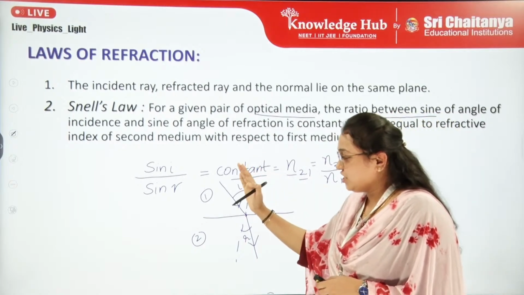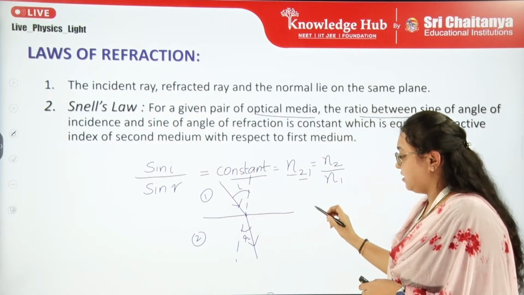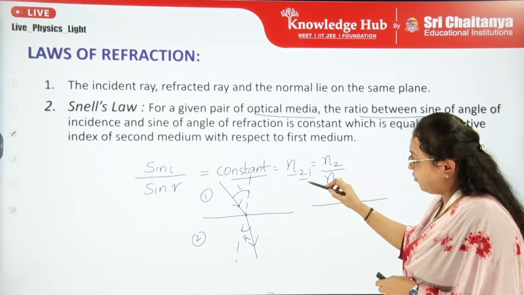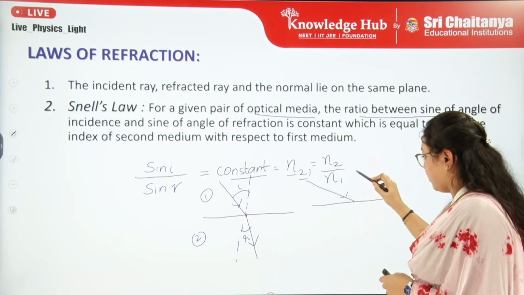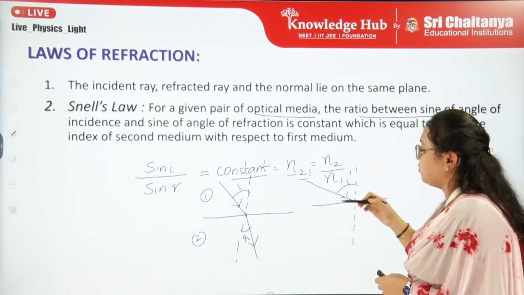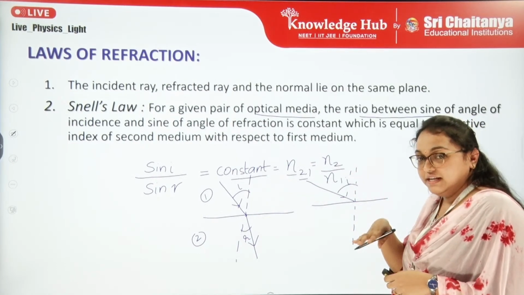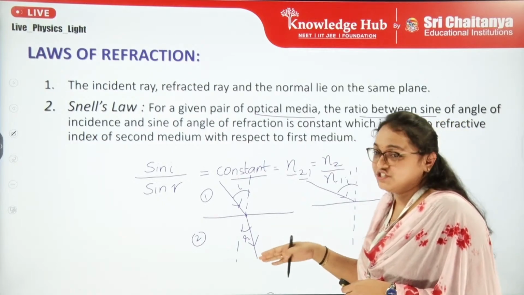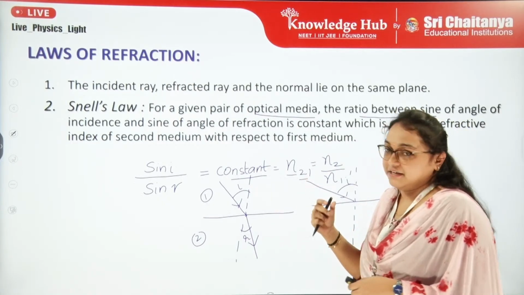First, suppose if I change the angle of incidence to some other value, what happens? Proportionally, angle of refraction must change. That is the law stating.